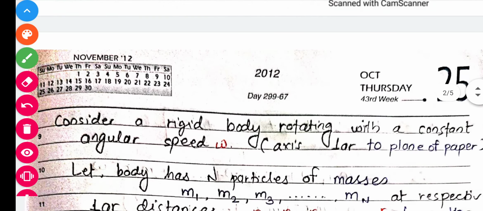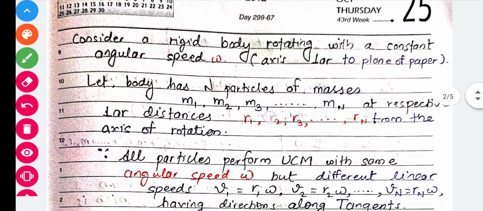Moving ahead, as I have explained, this is how we write it properly for exam purposes, for expression proof purposes. We have to consider a rigid body rotating with a constant angular speed, whose value is omega, and the rotation is about the axis which is perpendicular to the plane of paper.